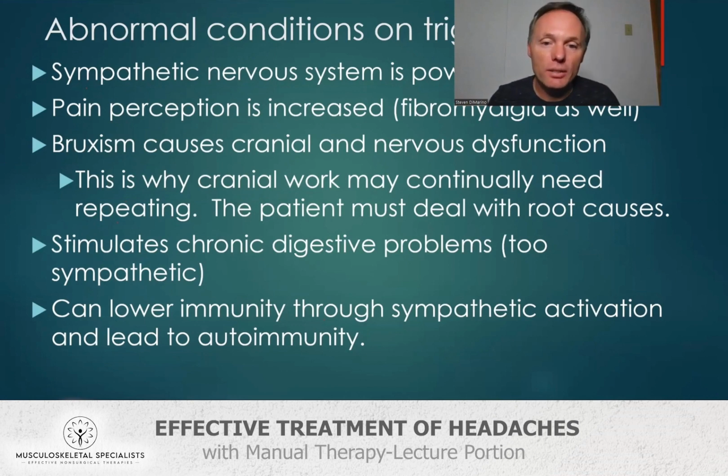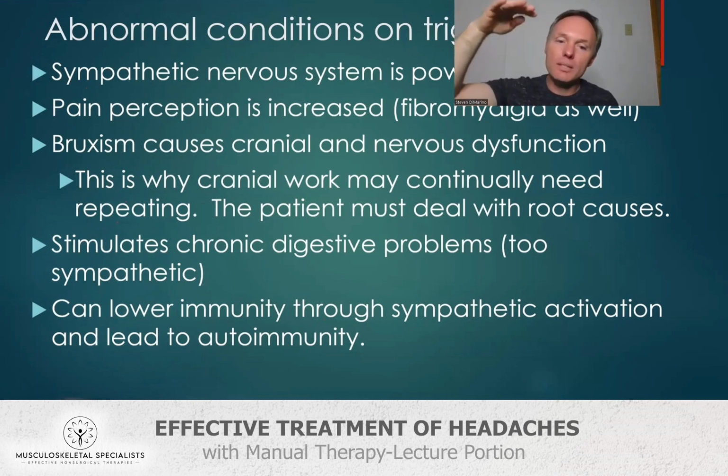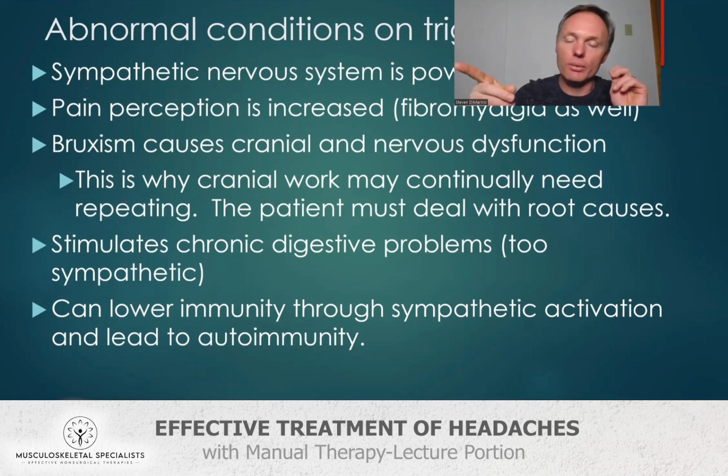It stimulates chronic digestive problems. I hope that's obvious. And it can lower immunity through sympathetic activation, because when you're in this hypersympathetic mode, your body's not fighting viruses or bacteria. It's running from tigers. Your immune system is downregulated, because why do you need to worry about a virus when you're chased by a tiger trying to eat you, right?